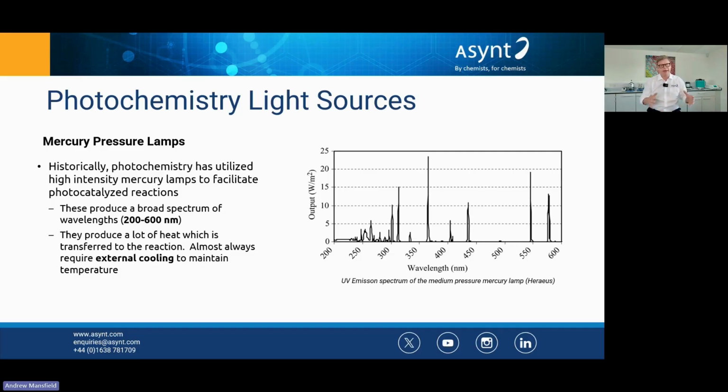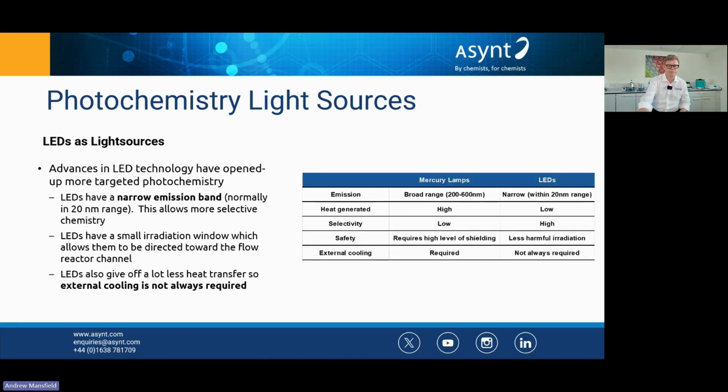They also produce a lot of heat. They're incredibly energy inefficient, so they also need external cooling. So if we're using a 150 watt mercury lamp, we need a very efficient cooling system to be able to separate that energy, the heat we're producing from the light source, from the reactor.